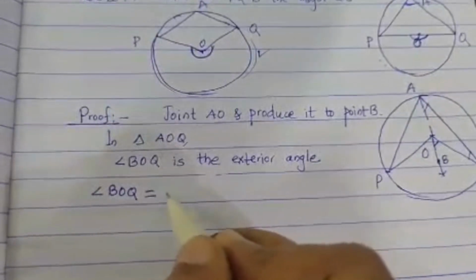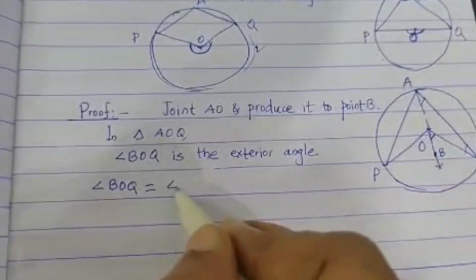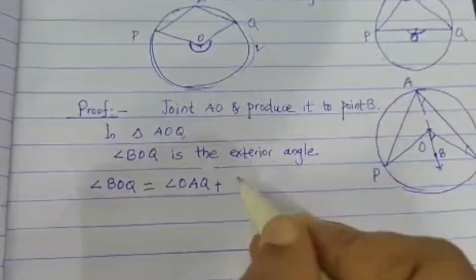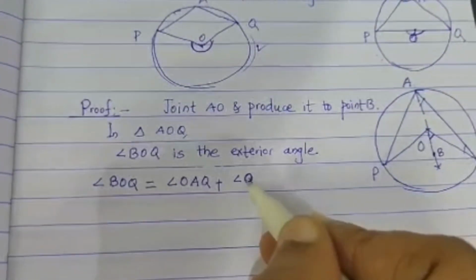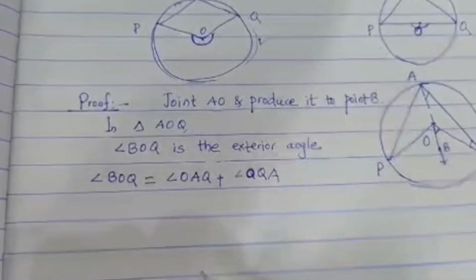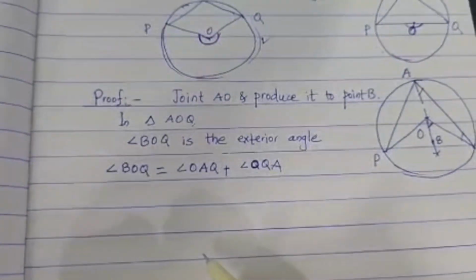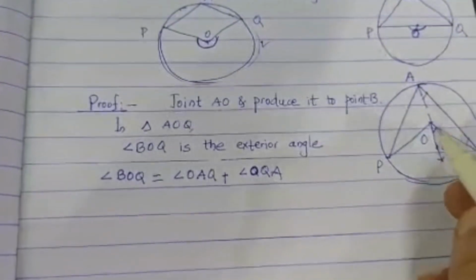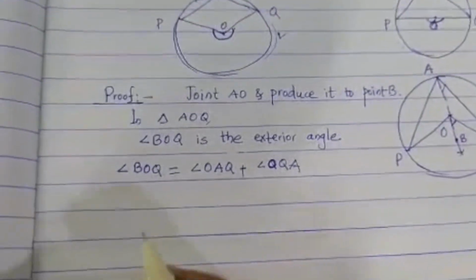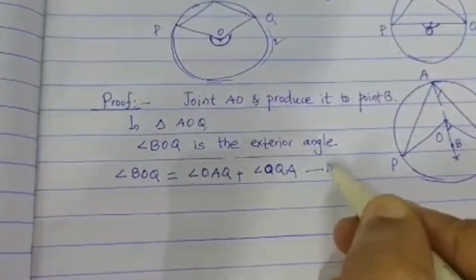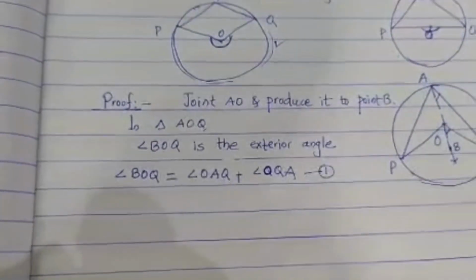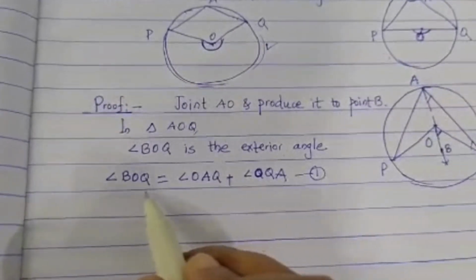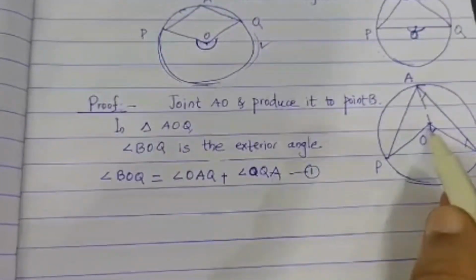That is equal to angle OAQ plus angle OQA. We know this theorem. I hope you remember this one, that exterior angle is equal to the sum of 2 interior opposite angles. Let us suppose this is equation 1.